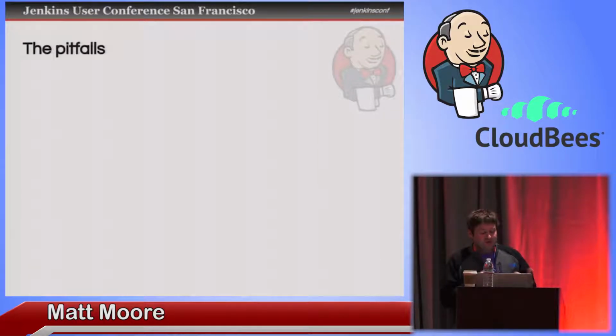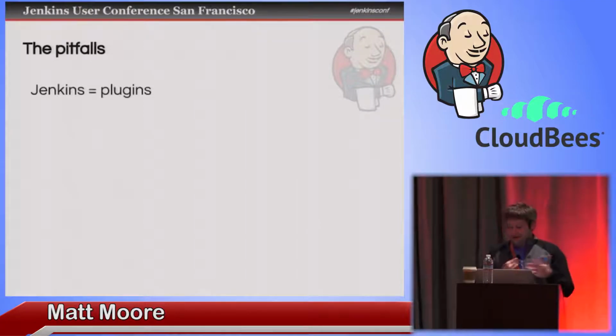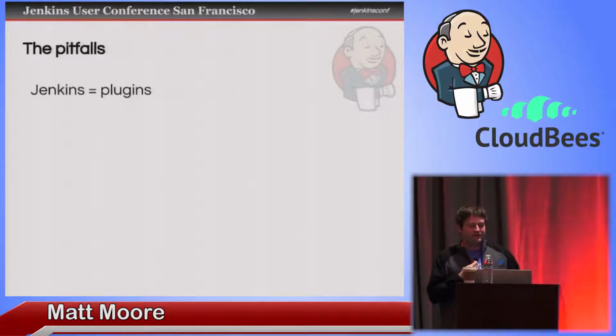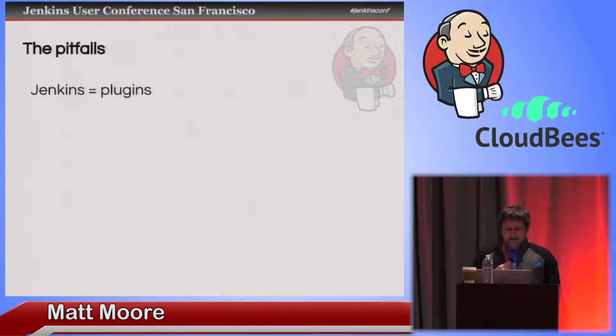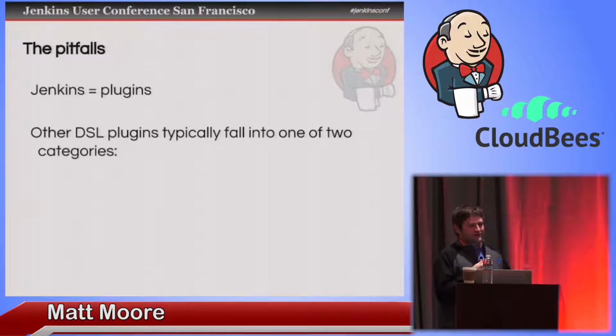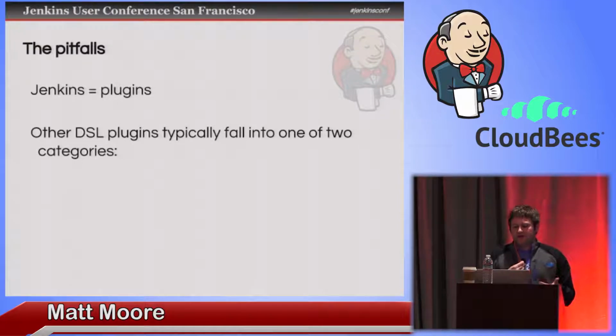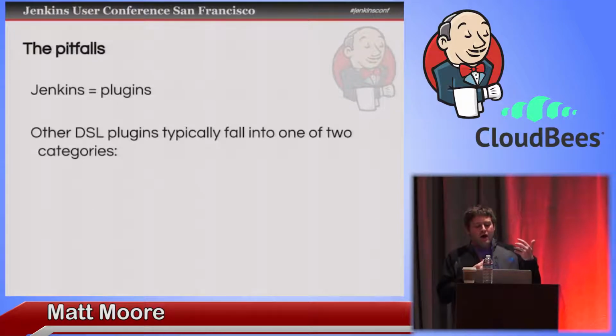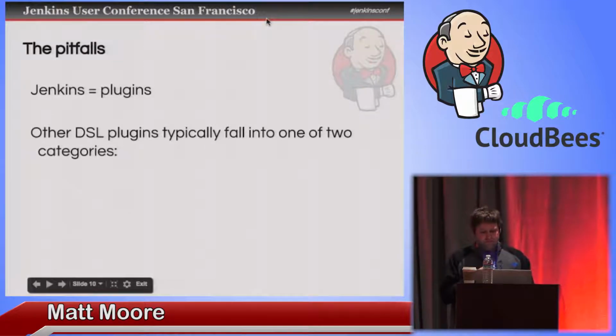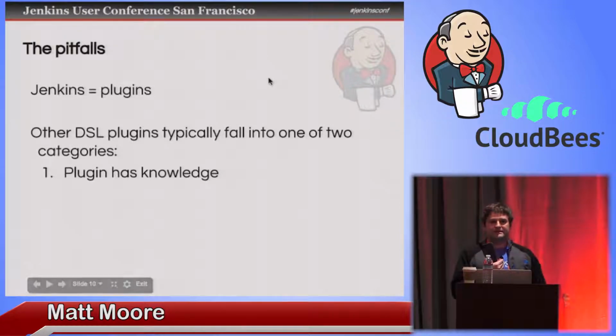But there are some pitfalls, right? In my opinion, Jenkins is its plugin ecosystem, right? And in my experience, most of the other DSL plugins have typically fallen into one of two categories. One is that the plugin takes on this knowledge of the other plugins it supports.